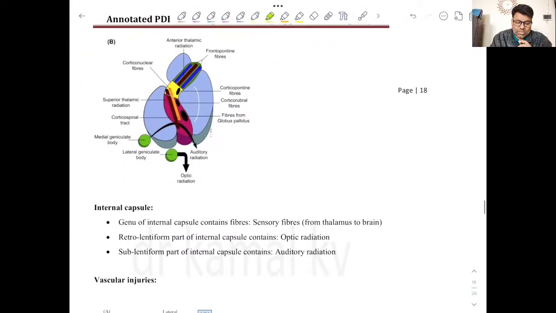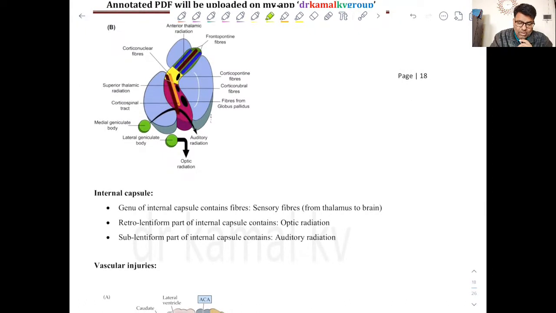So this is how you can remember. Then another important structure is the internal capsule. Now here you can see this is the thalamus, this is the lenticular nucleus, and this is the caudate nucleus. Clear?